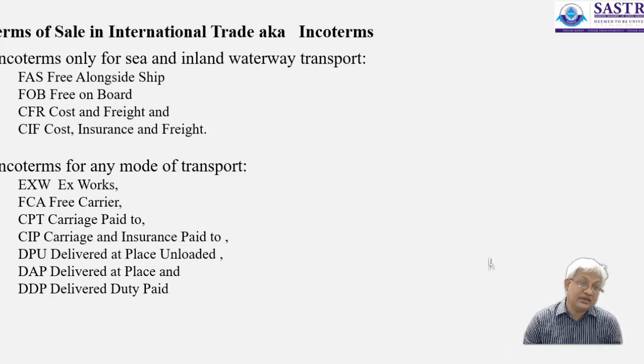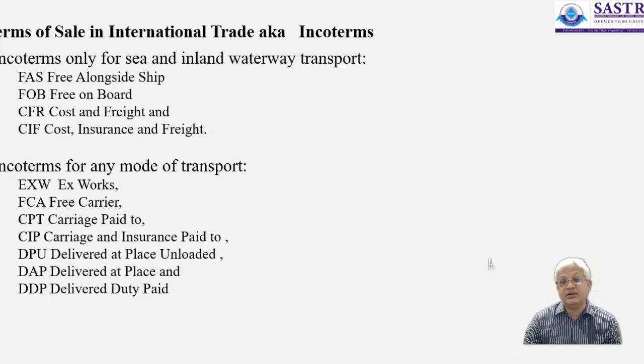Then we have some groups which start with C, then some group starts with F and some group starts with D. So with E starts Ex-Works. If you group the Incoterms with the alphabet beginning with C, then we have CPT, CIP, CFR and CIF.